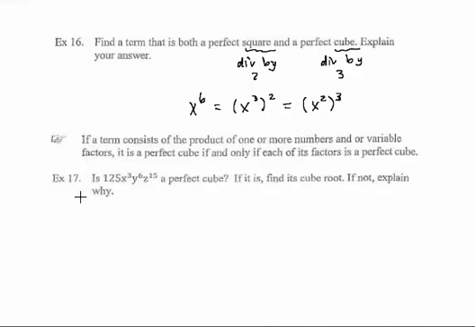Now, example 17, all we have to do is take the cube root of each of the individual parts: 125, x cubed, y to the 6th, z to the 15th. So the cube root of 125 is 5, because 5 cubed equals 125.